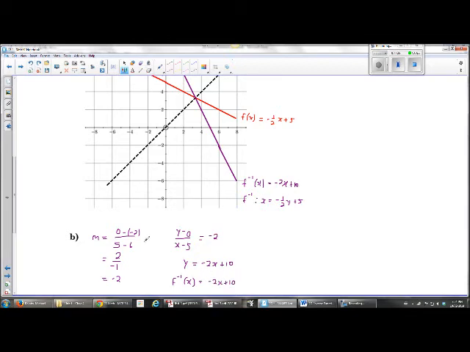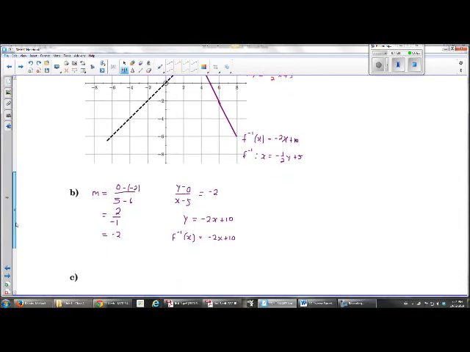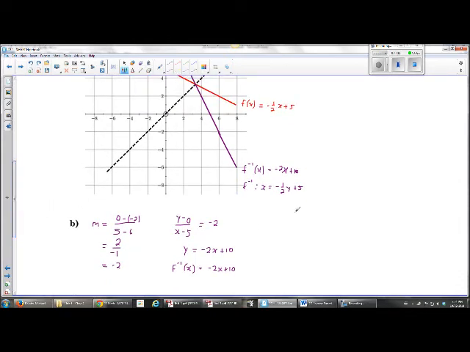Now if we're going to use variable interchange, we start off with f of x. Let's change that to a different color just for fun. Let's go with green.